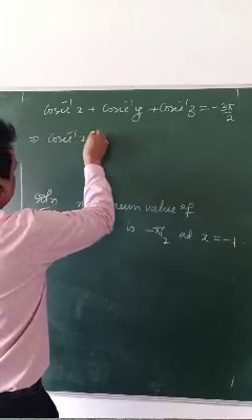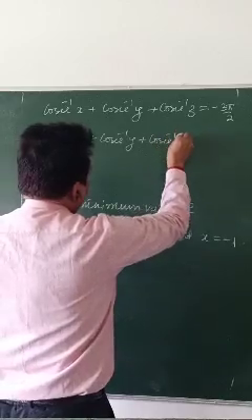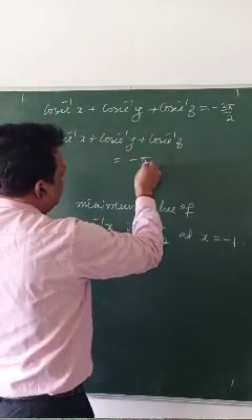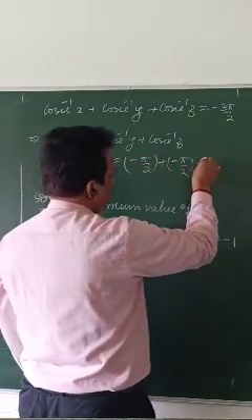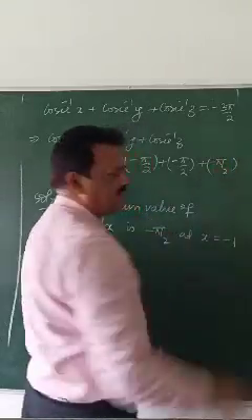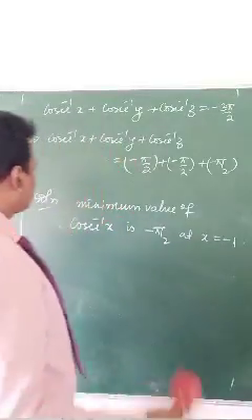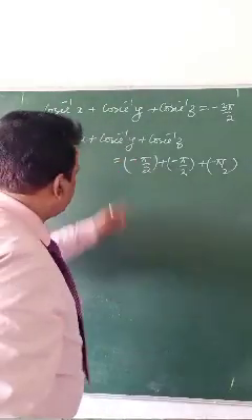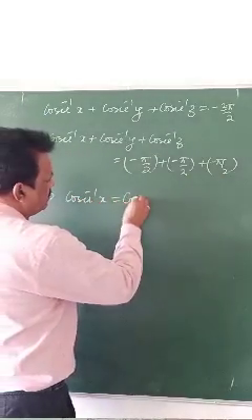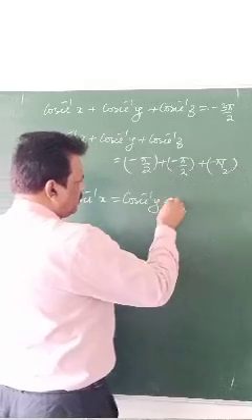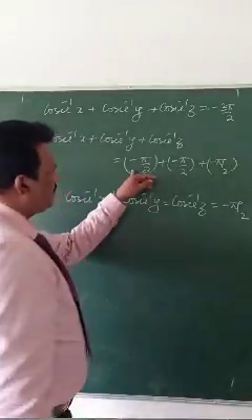Cosec inverse x, cosec inverse y, cosec inverse z are each at minimum, minus pi by 2. So cosec inverse x equals cosec inverse y equals cosec inverse z equals minus pi by 2. All will be minus pi by 2.